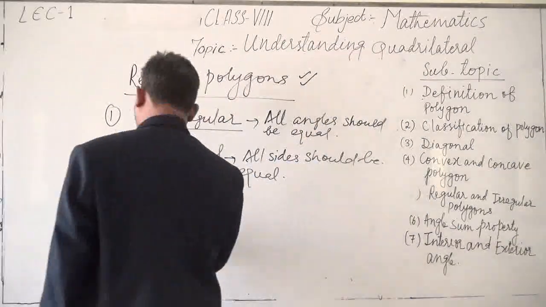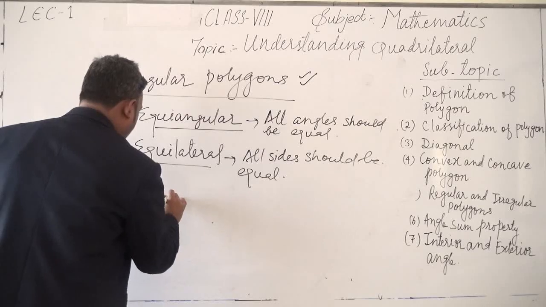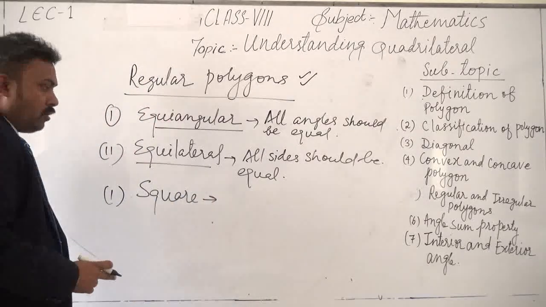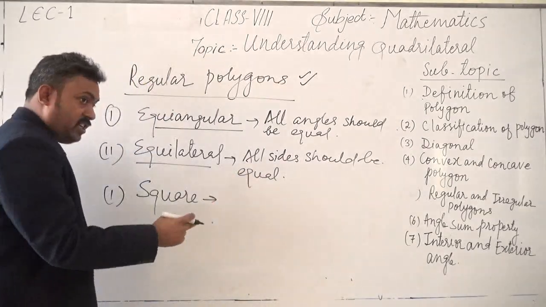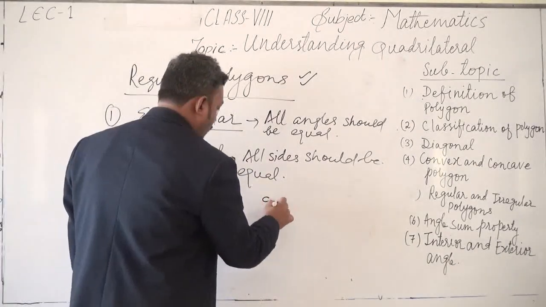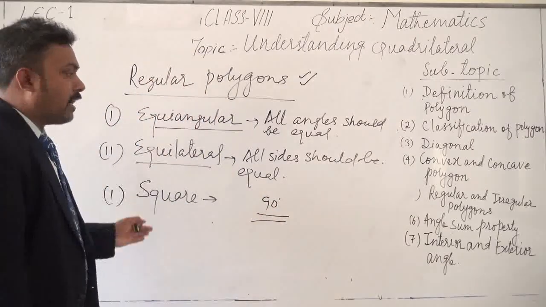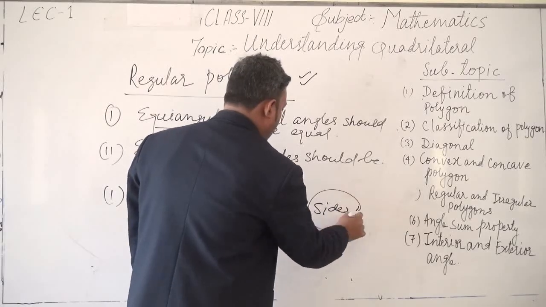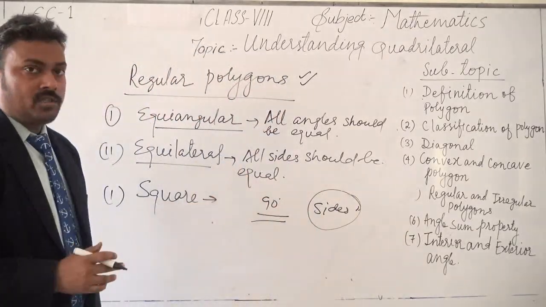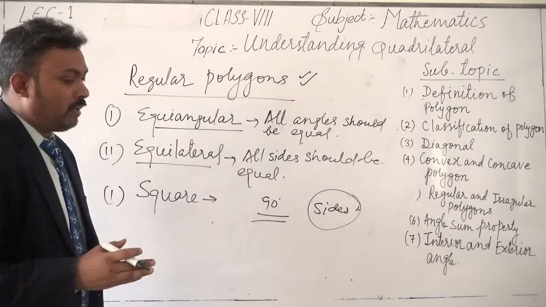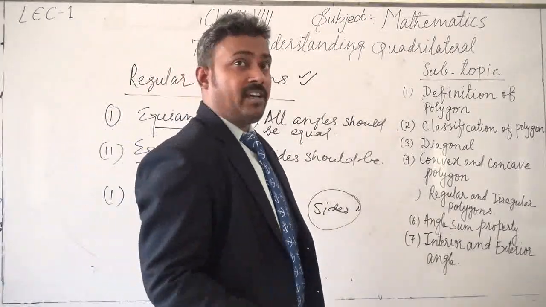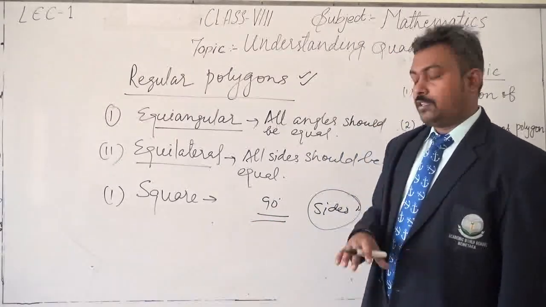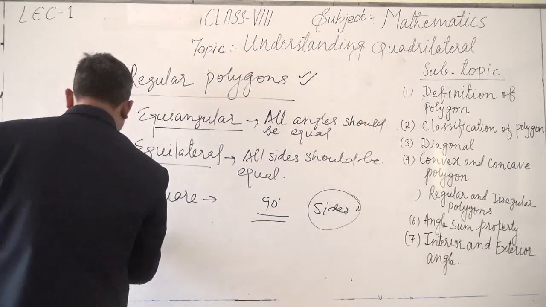For example, square. In a square you will see that the measure of each interior angle is 90 degrees, and all the sides are equal. So a square is a regular polygon. Can you tell me another example of a regular polygon? Yes, you got it: equilateral triangle.